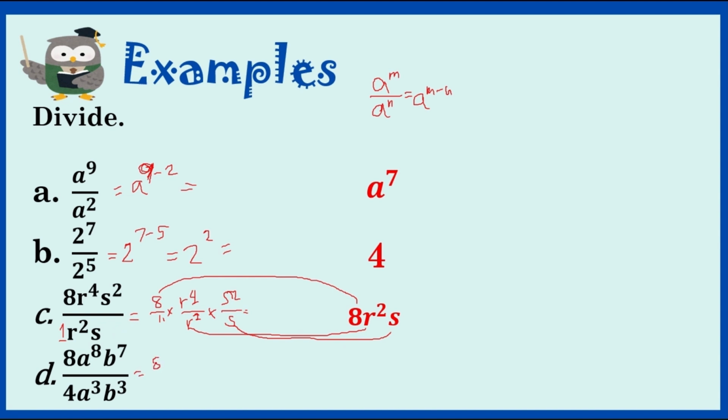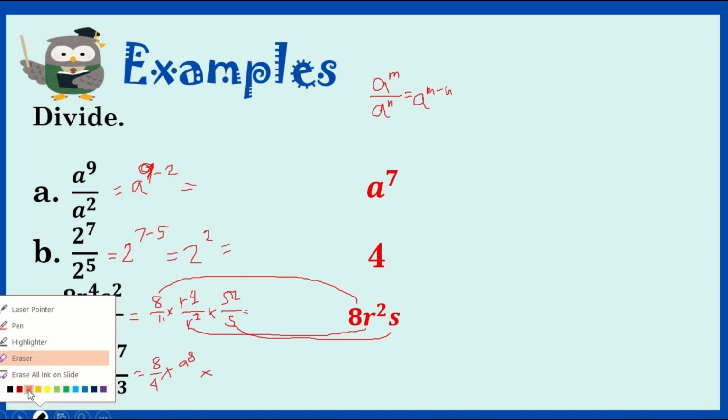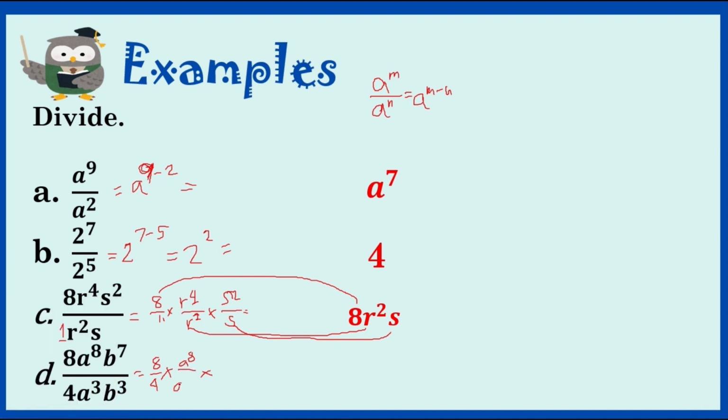Turuan na lang kita. 8 divide 4 times a raised to 8 divided by a cube, times b raised to 7 divided by b cubed.